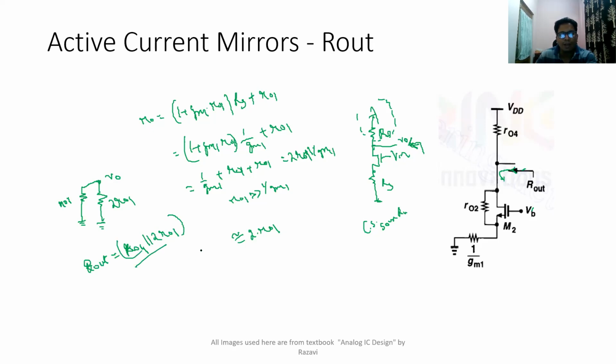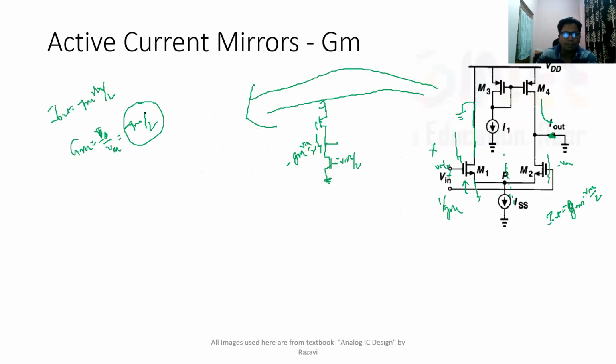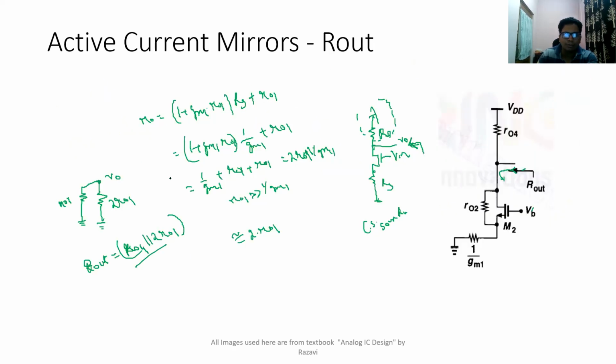So we have Gm, which we calculated earlier, which is minus gm1 by 2, and we have R out, which is here. Therefore, the voltage gain of this circuitry is simply capital Gm into R out. So Gm we got as minus gm1 by 2, R out we got as RO4 in parallel with 2 RO1.